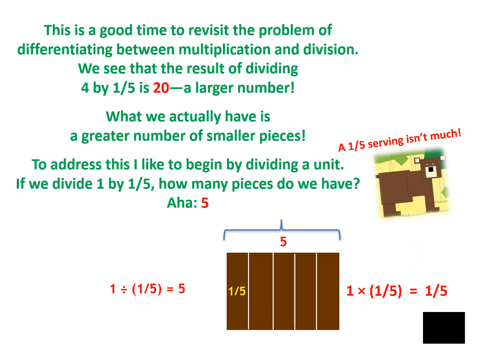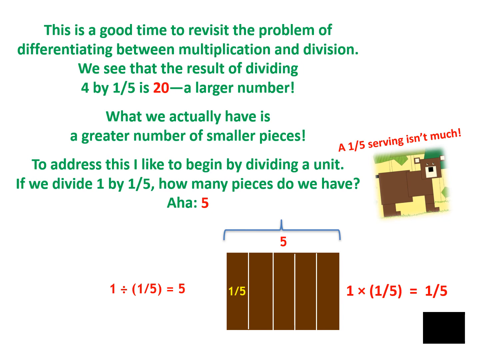This is a good time to revisit the problem of differentiating between multiplication and division when we're using fractions. We see that the result of dividing 4 by 1/5 is 20, a larger number than 4. But what we actually have is a greater number of smaller pieces.